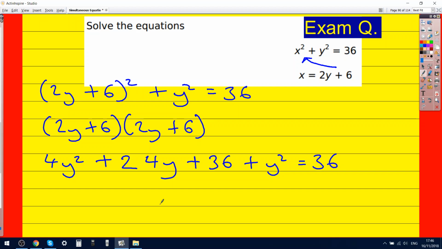So 5y squared plus 24y plus 36. Okay, and then what's next? Have you done the plus 36? So what would you do after that?